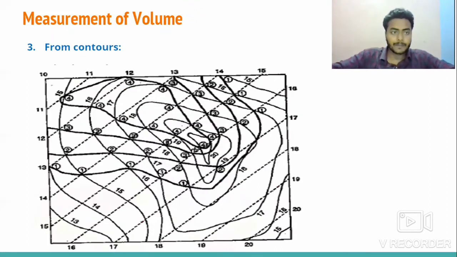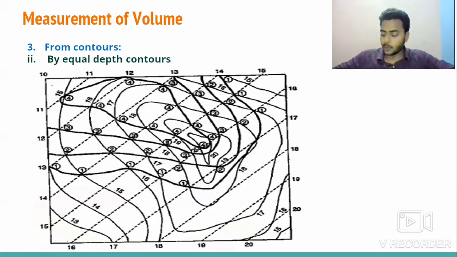Next method we have is by equal depth contour. So first understand this figure by equal depth contour. What is equal depth contour? So let's see first, this graph is the actual contour.